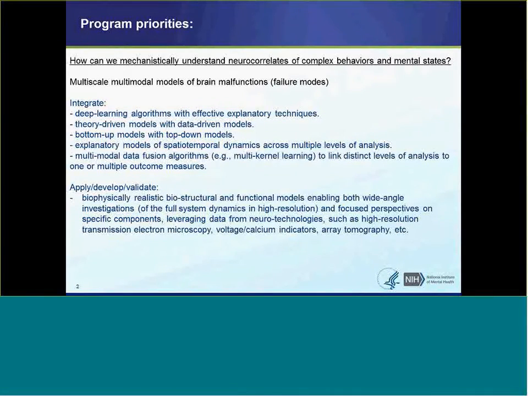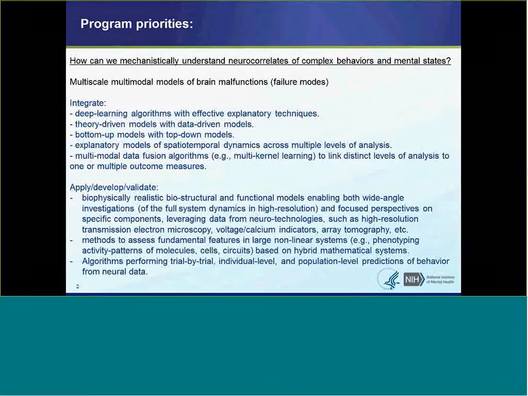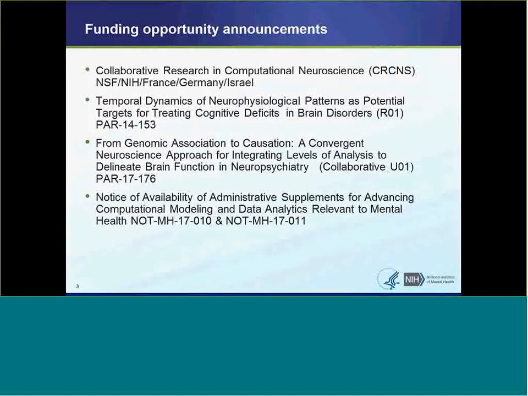I wanted to talk to you about four funding initiatives that are going on right now. One is trans-agency between NSF and NIH, and international between France, Germany, Israel, and obviously the US. This is called the Collaborative Research in Computational Neuroscience, CRCNS program.